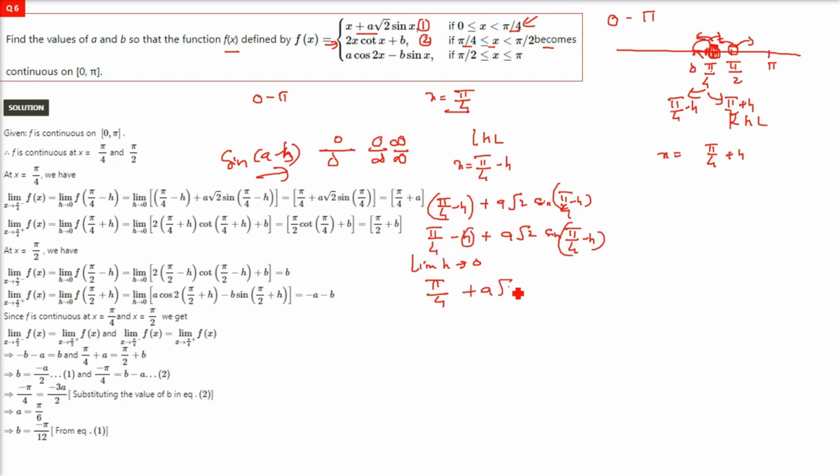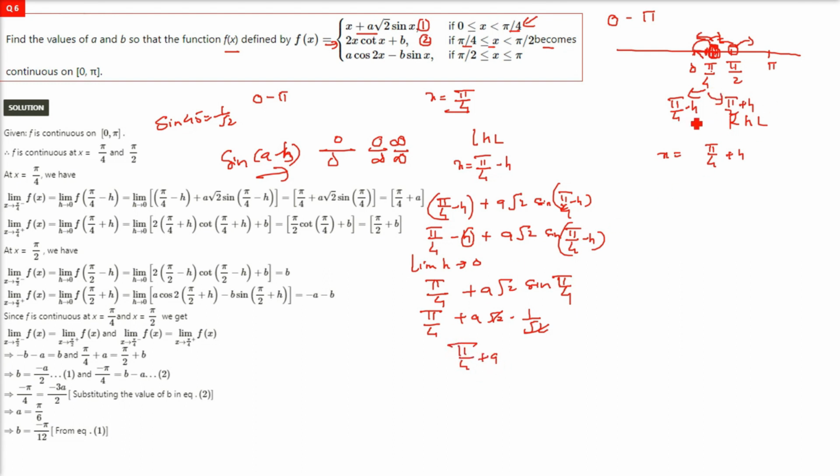So just put h equals 0. Pi by 4 plus a root 2 sine pi by 4 will come. Please remember, you have to do it like sine pi by 4 minus h. You have to open the formula, because that is the way. Now sine 45 degree, that is sine pi by 4, is 1 by root 2. So just replace it by 1 by root 2, and root 2 and 1 by root 2 cancel. You get pi by 4 plus a. This is your left hand limit.